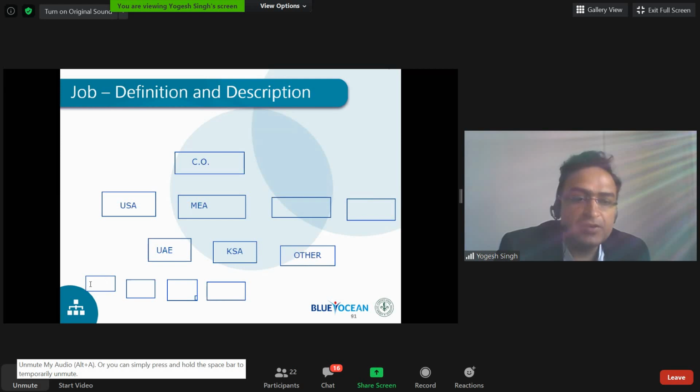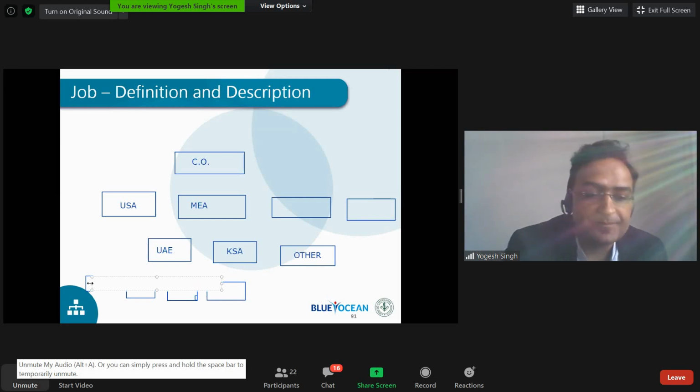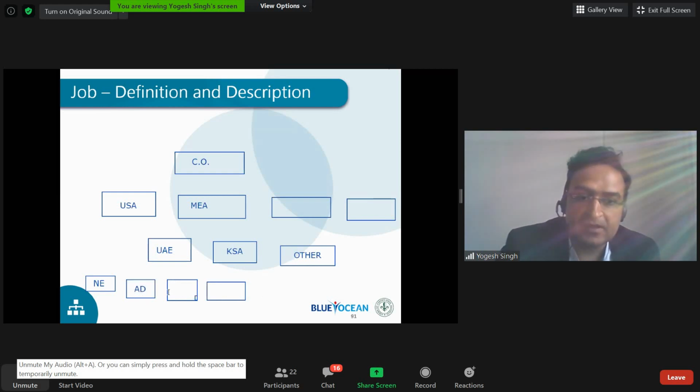Now they will divide UAE again into further regions like Sharjah or let's say Northern Emirates, Abu Dhabi, Al Ain, let's say Dubai. Dubai they divide into east, west, north, south.